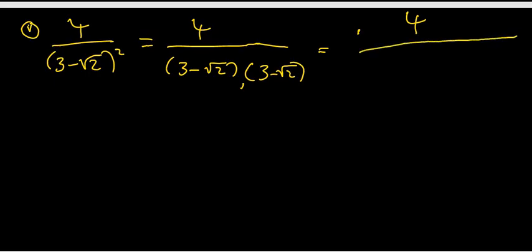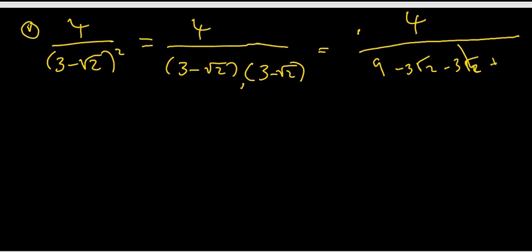we can expand this, which will give us 9. Then there, it will give us 3 root of 2. Then again there, it will give us 3 root of 2. Root of 2.